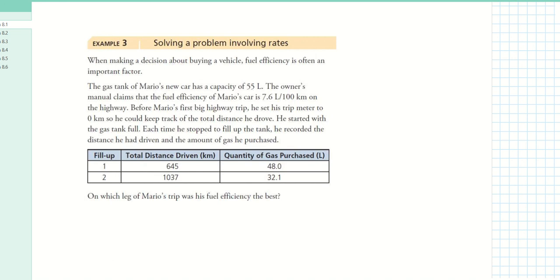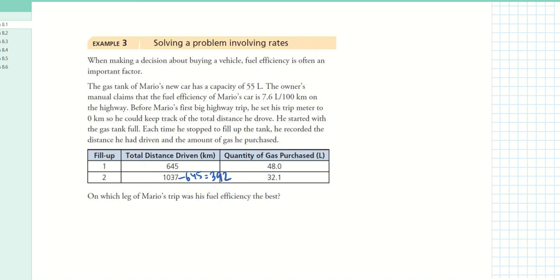Then we had to figure out the distance at the second fill up. So this would be 1,037 minus 645, which equals 392. So on the second fill up, they drove for 392 kilometers and they used up 32.1 liters of gas.